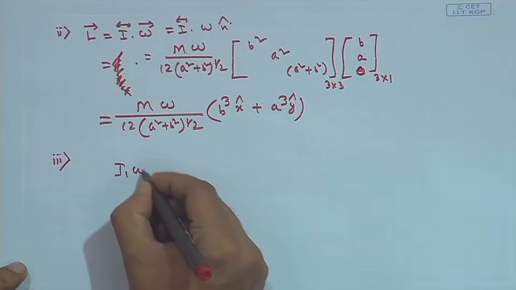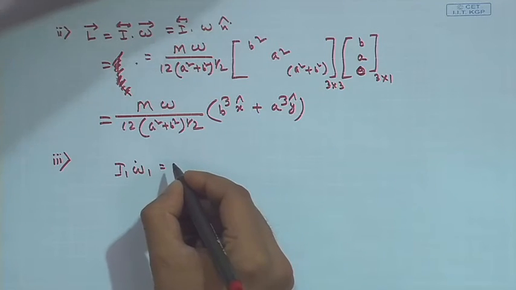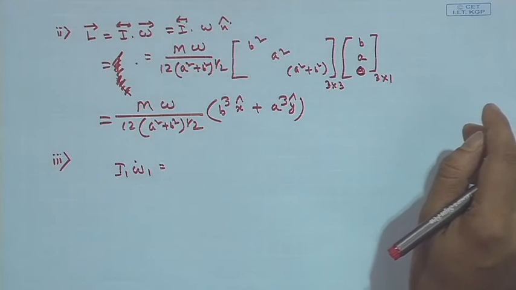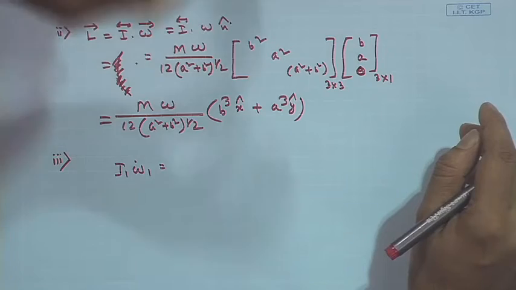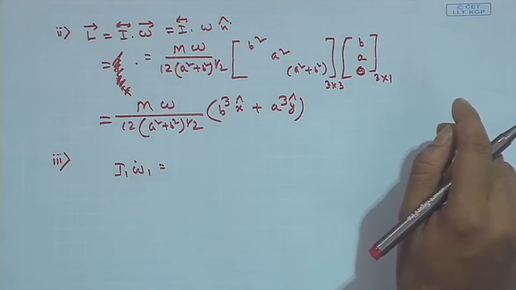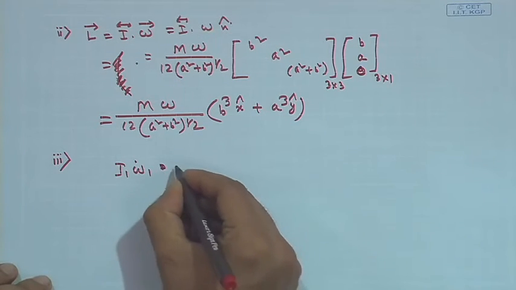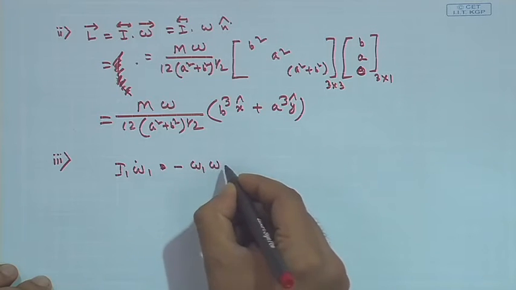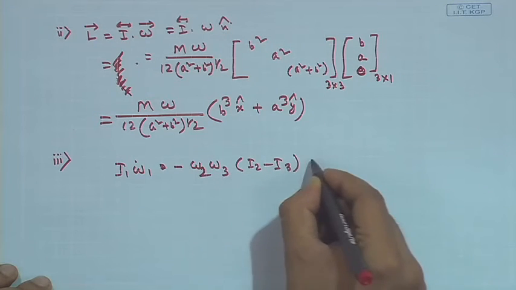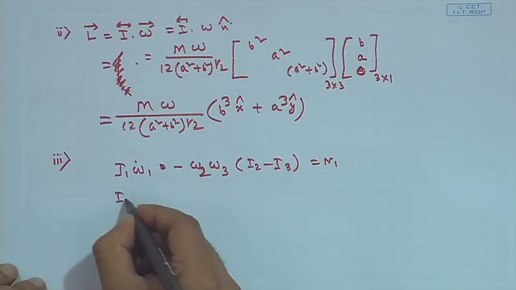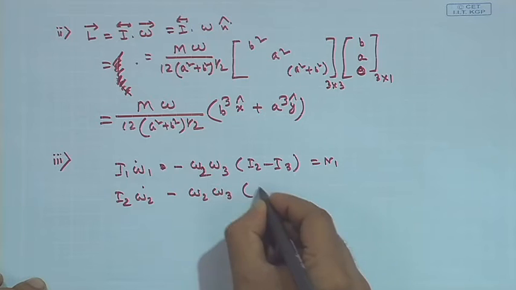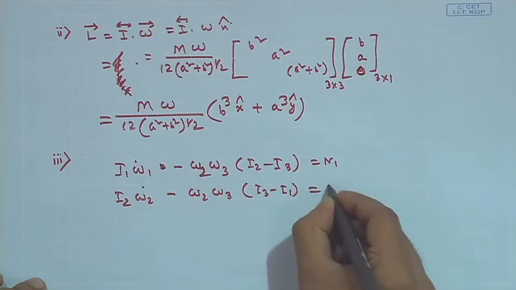So it will be I1 omega 1 dot is equal to, just give me a second, I don't recall these equations exactly, I just need to go to the relevant page of my notes, right, minus omega 2 omega 3 (I2 minus I3) equal to N1. Similarly, we will have I2 omega 2 dot minus omega 1 omega 3 (I3 minus I1) equal to N2.